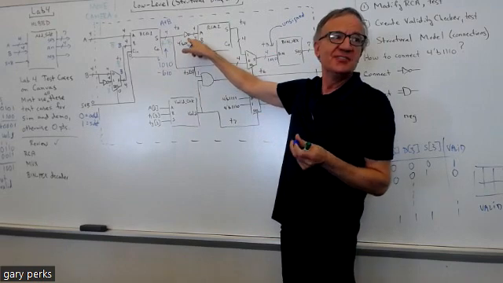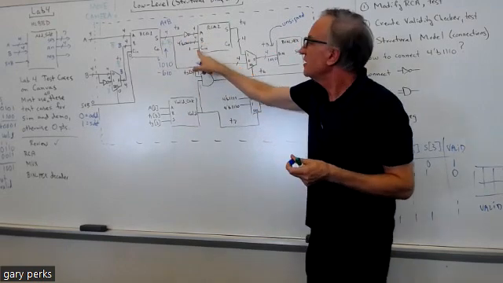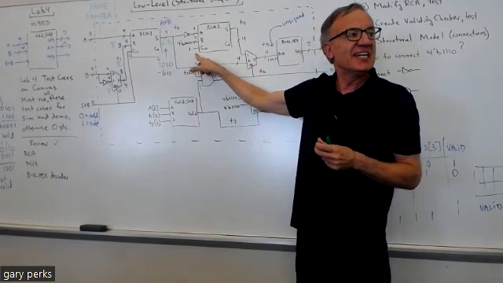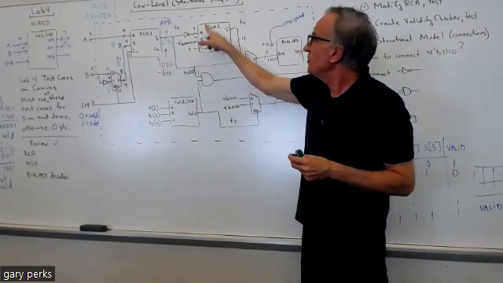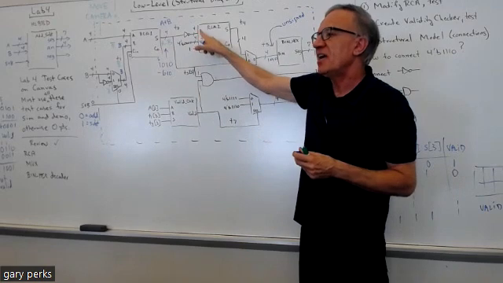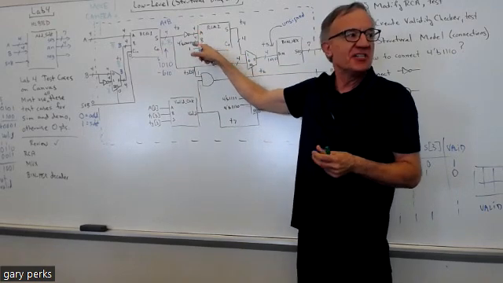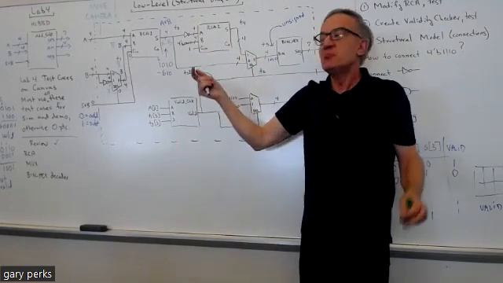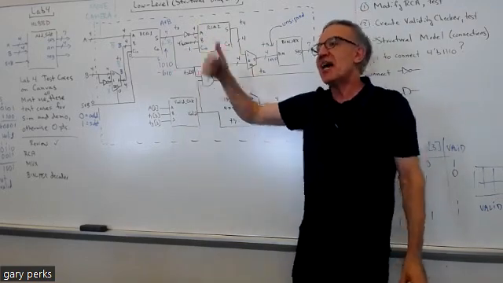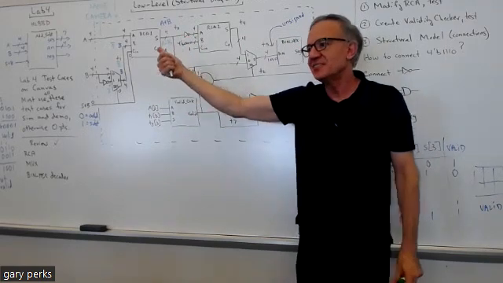What does an inverter do? It flips it. Look, Cin is connected to 1. So this RCA, it's going to flip A, add 1. Now there's the other input here, we made 0, which isn't going to have any effect. But if you flip the bits of something and add 1, what are you doing?